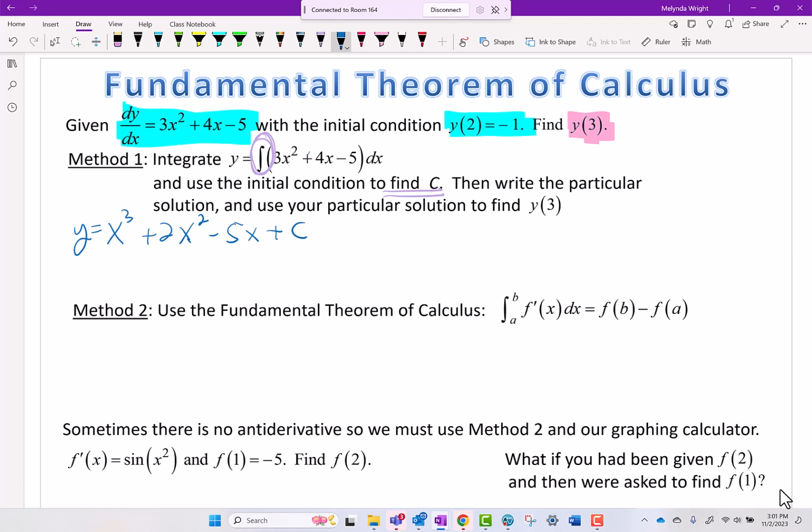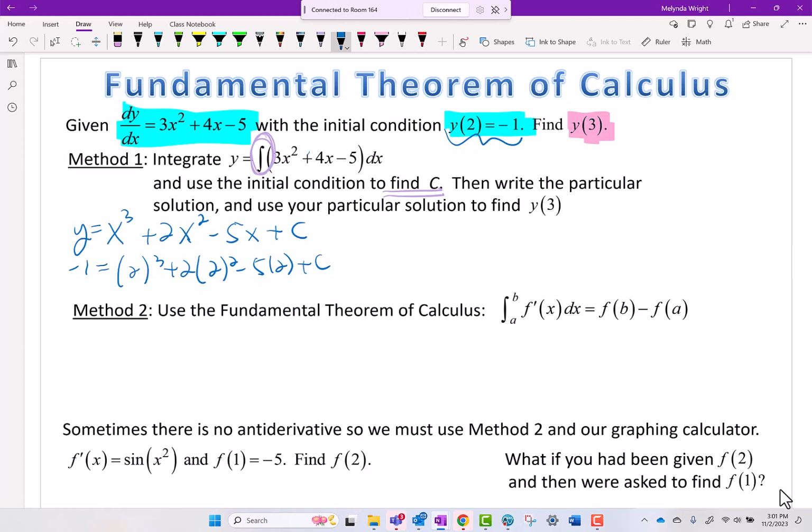So then what do we do? We want to substitute in our initial condition. So -1 equals 2 cubed plus 2 times 2 squared minus 5 times 2 plus c. Then we get to do arithmetic, the other A word, which I struggle with.